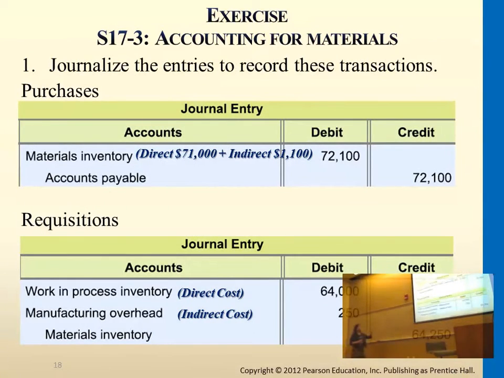We're only using a portion of the raw materials. $64,000 direct raw materials turns into work in process. Oil cost, overhead, indirect cost. Add them together, we're reducing raw material by $64,250. You credit materials inventory at the end.